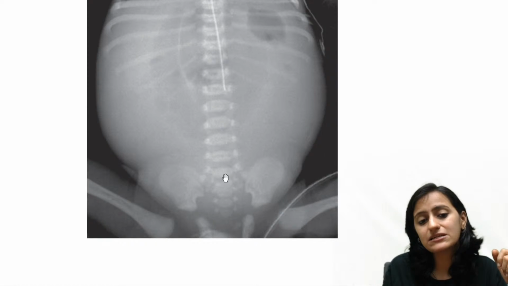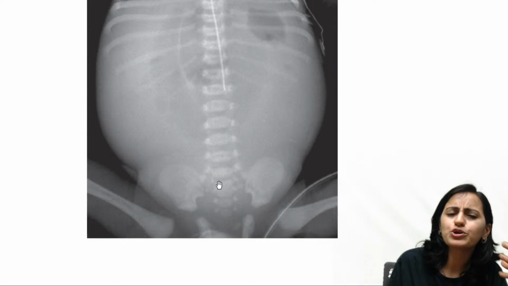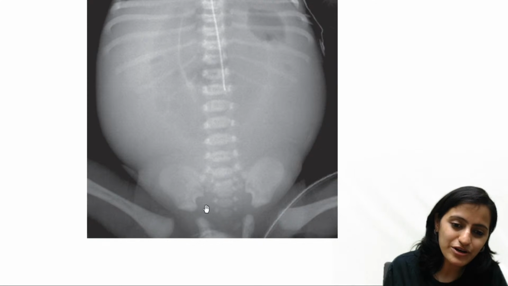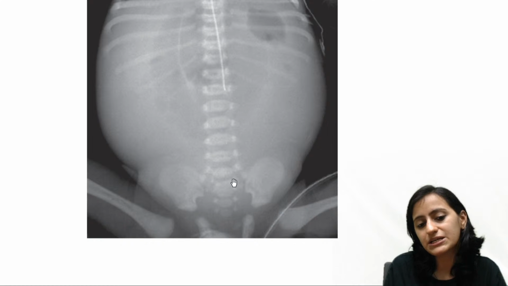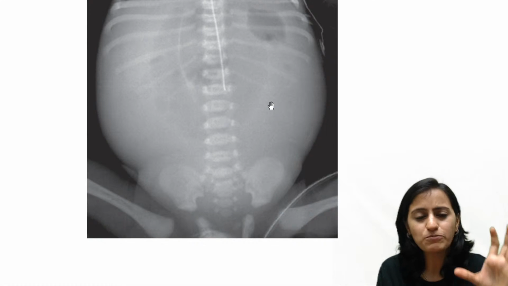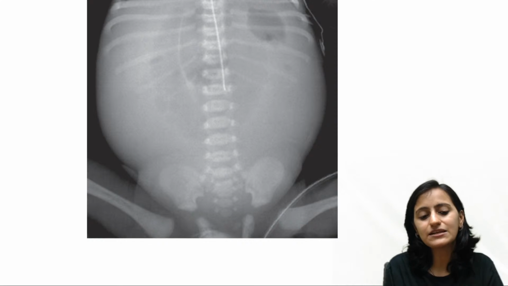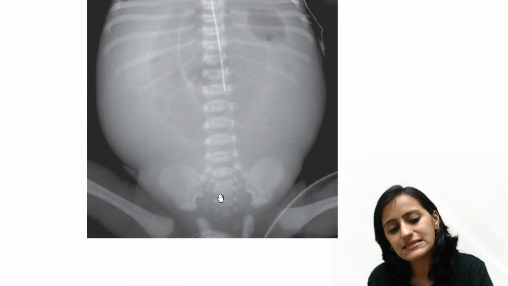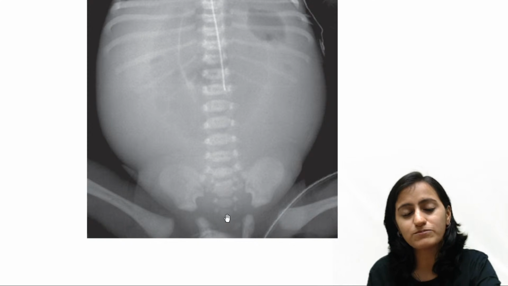Look at the rectum. Always in a patient with pneumoperitoneum and obstruction, look at the rectum. Your rectal gas is absent, which tells you that there might be obstruction somewhere, which has then led to your pneumoperitoneum. So absent rectal gas is another feature suggesting obstruction.